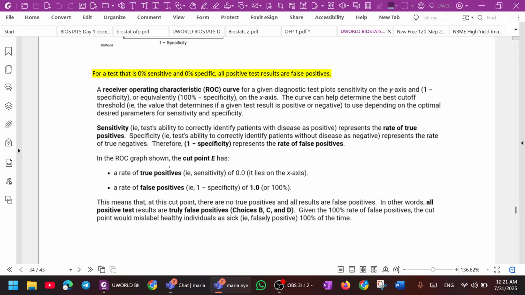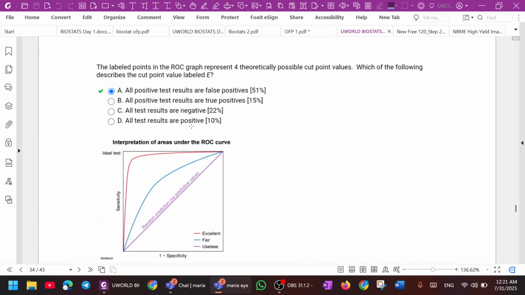I understand why this is the answer, but I don't understand why C is not the answer. All tests are negative. Because sensitivity will be all results are true positive.